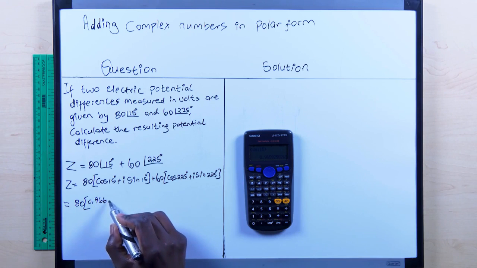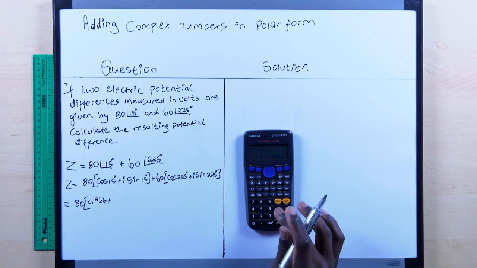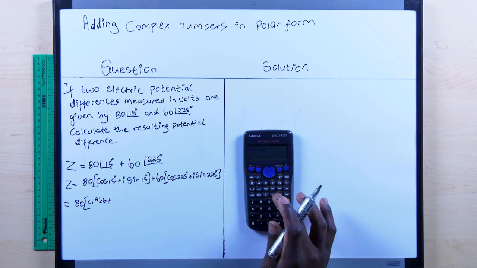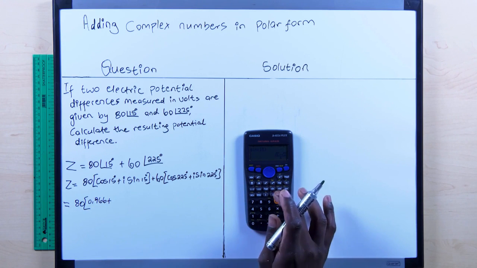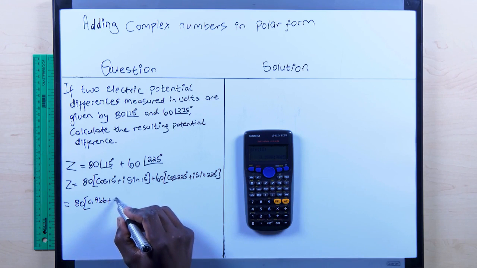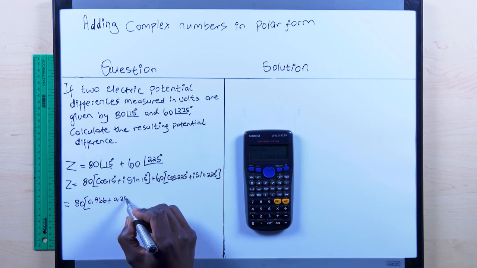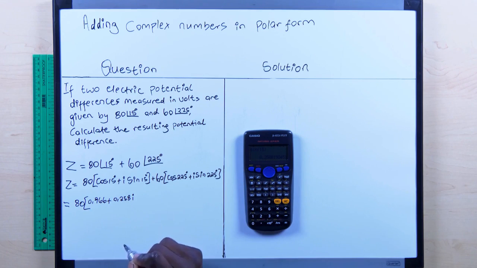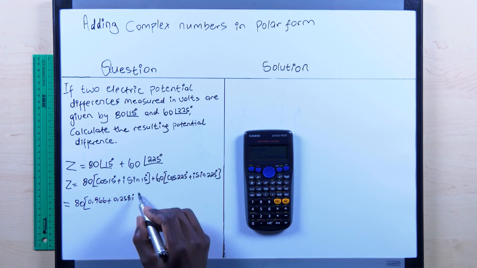This is this part plus 0.258i, because these are your imaginary axes.